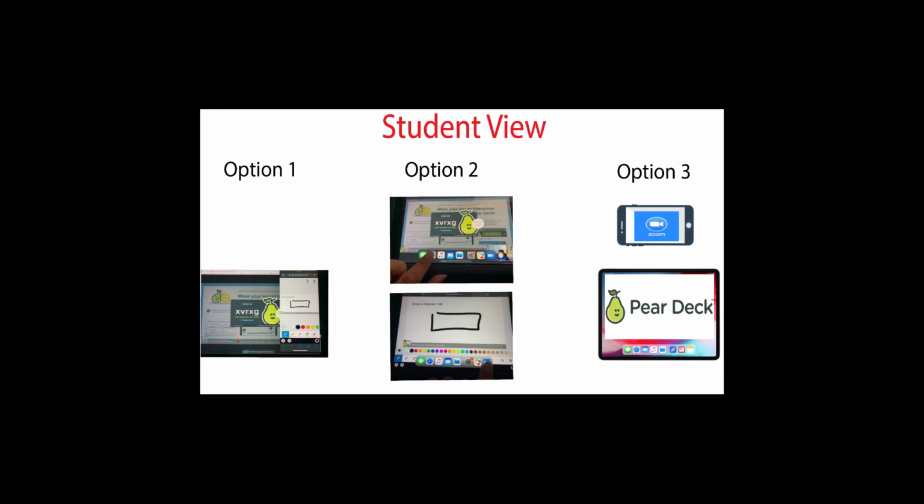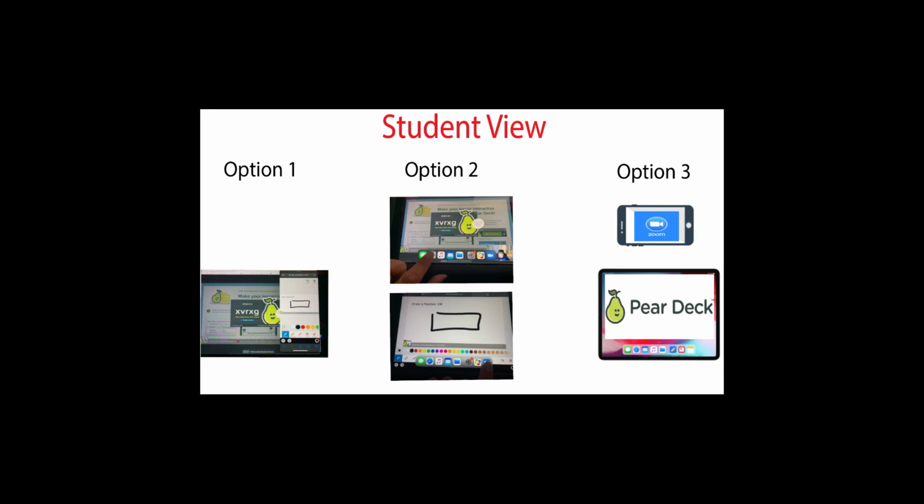Option two is the same iPad, but they're toggling back and forth. I present my PearDecks on Zoom, and at the point where I present an interactive slide, that's when I say, okay, now go ahead and toggle to Safari and do the PearDeck on Safari.